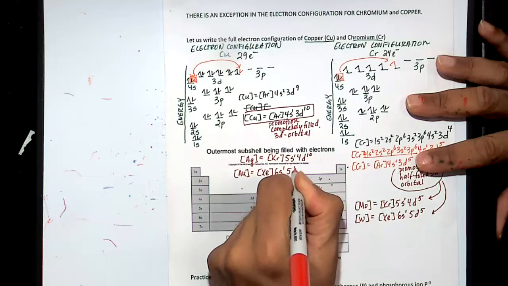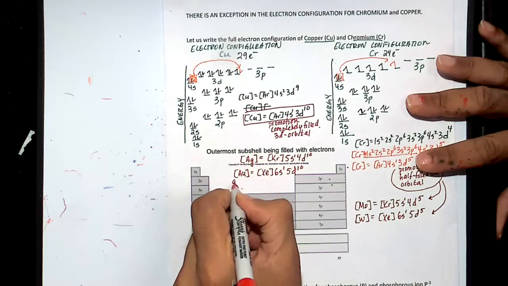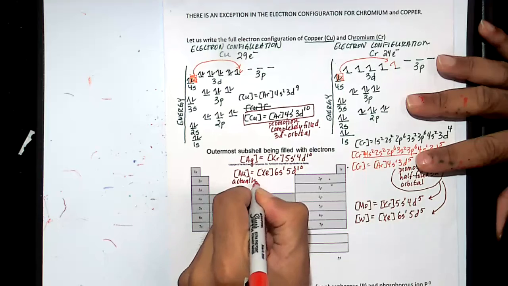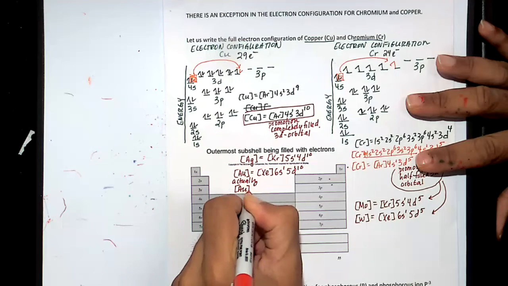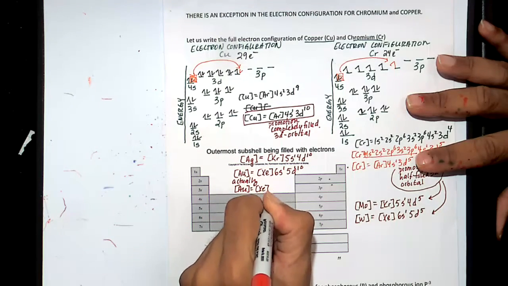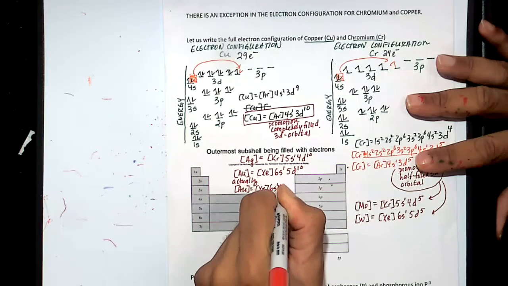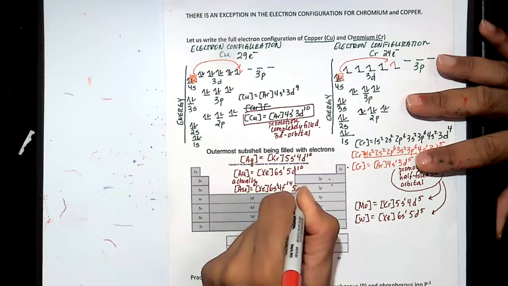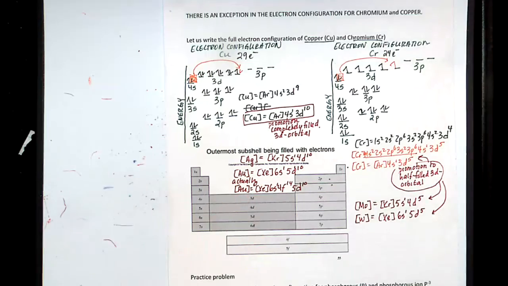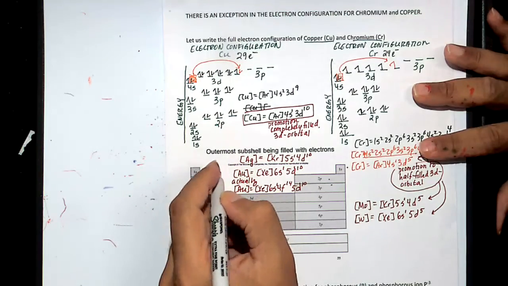Okay, 6s1 5d10. But if you want to be technically correct, it's going to be xenon 6s1 4f14 5d10, but that's a little too technical.